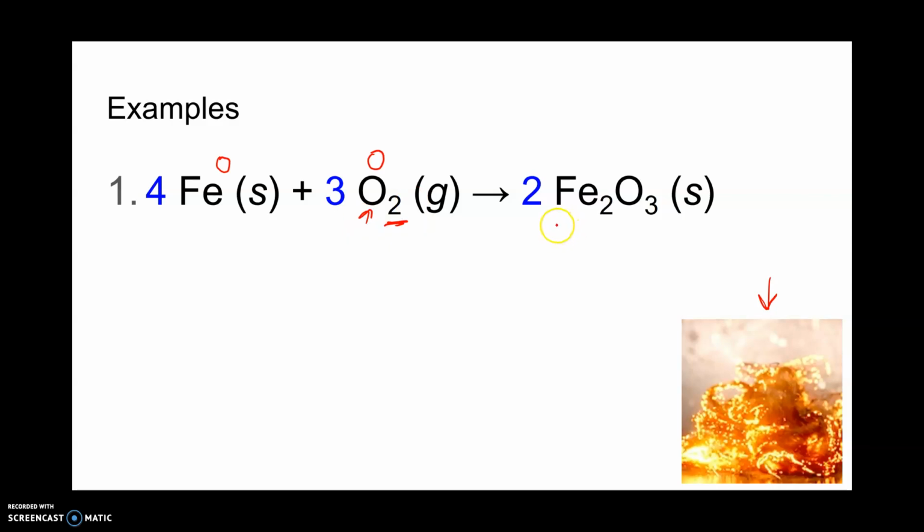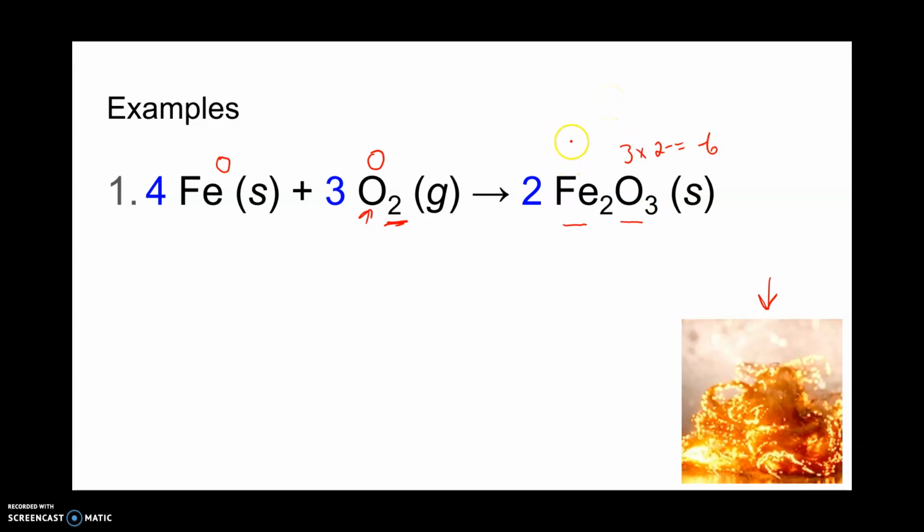This is a compound with a metal and a non-metal, which tells us it's ionic, which tells us that electrons have been lost and gained. The metal is always positive, the non-metal is always negative. We can pretty much guess that this oxygen is going to be 2-, so we have 3 times a 2- charge for a -6 total charge.